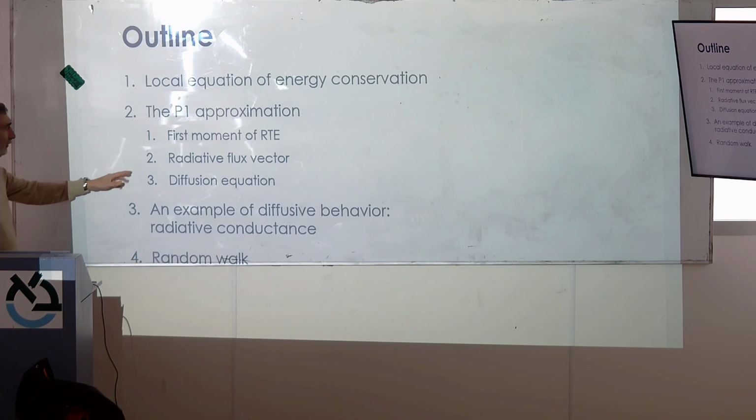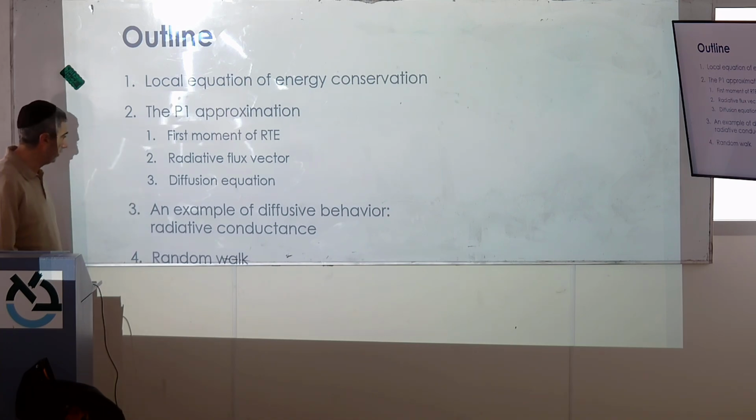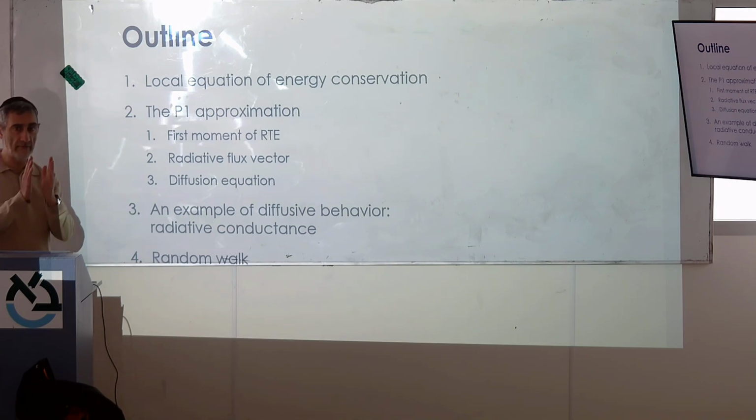the diffusion equation. So I will detail that, and I will show a specific example of how we can use the diffusion equation in the case of a slab. So you propagate light through a thick slab of scattering medium, and what we can calculate out from that.